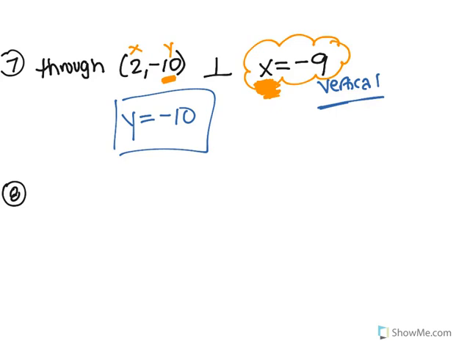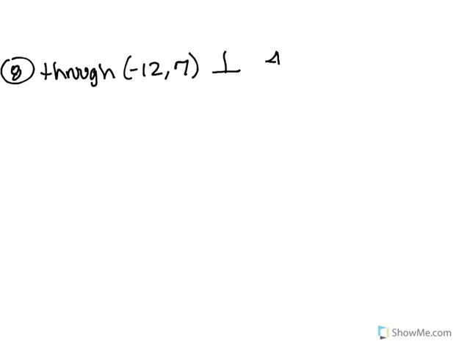Number 8, and I'm going to do it on another slide. We're going to write the equation of a line that's going to go through the point (-12, 7), and is perpendicular to 4x plus 5y equals 3.